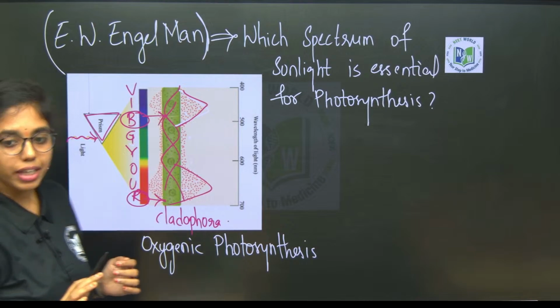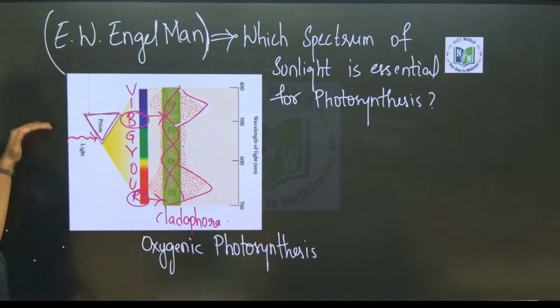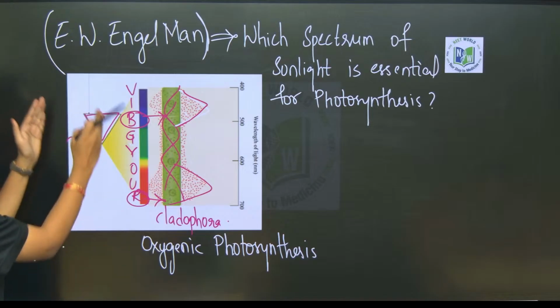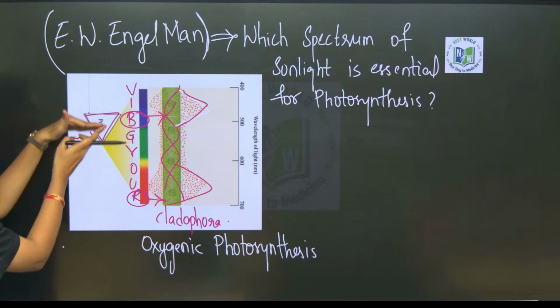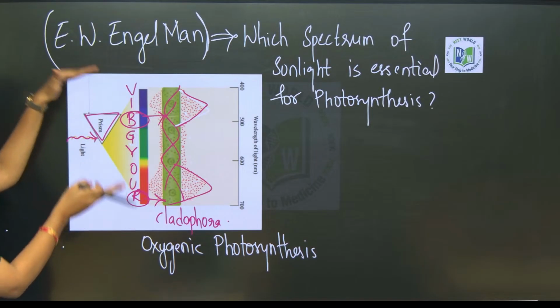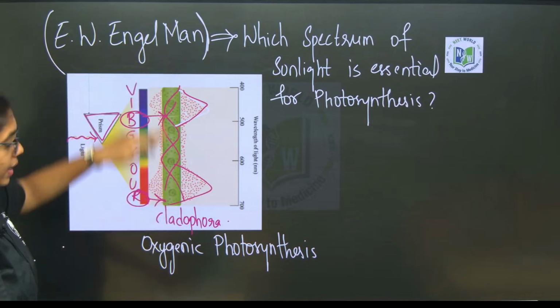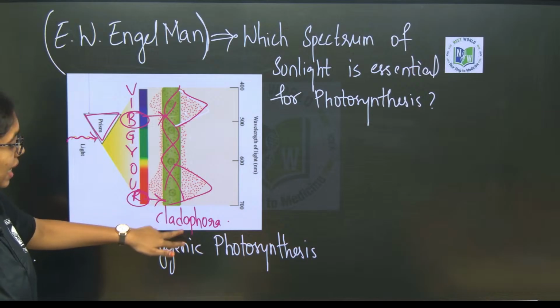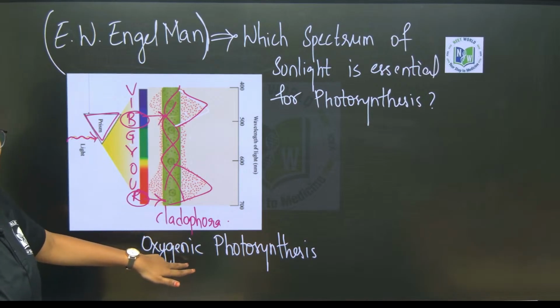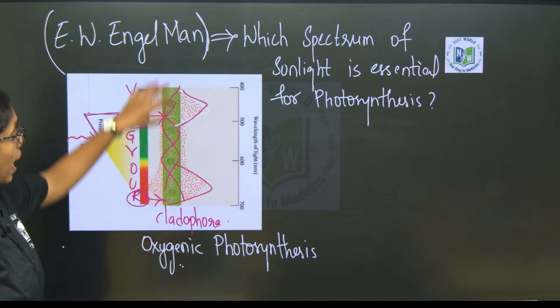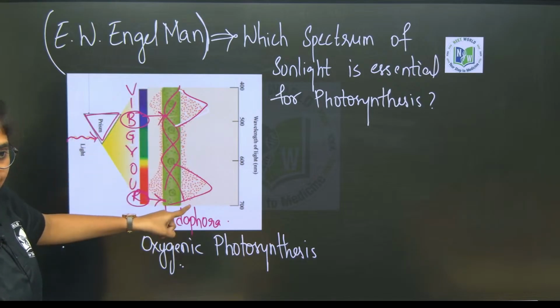Once again, I will repeat the experiment, listen with attention. Unilateral sunlight is exposed to a prism. Then it scatters into what? VIBGYOR. This scattered light is exposed to a filamentous green alga, that is Cladophora. It is conducting what photosynthesis? Oxygenic photosynthesis. Above this, aerobic bacteria are placed.